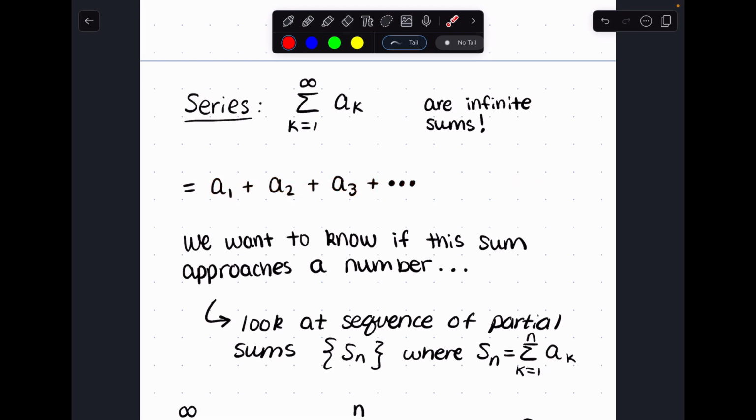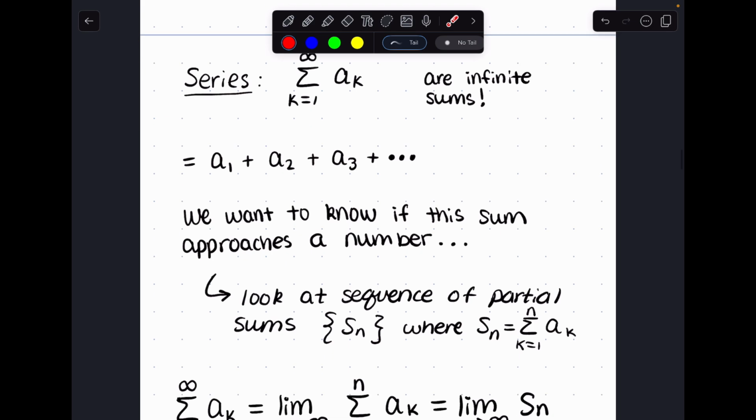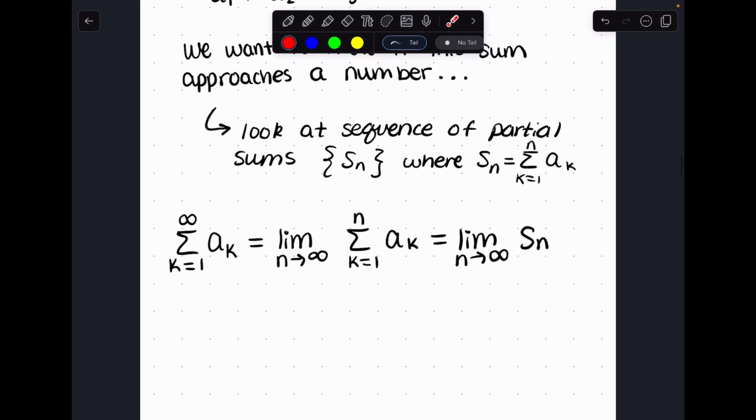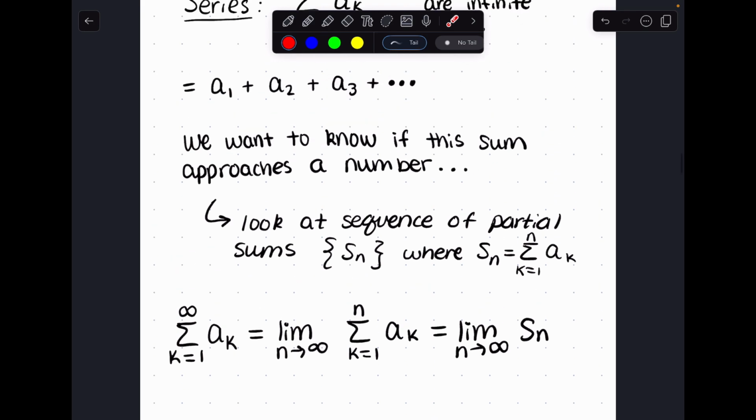And one problem that we have is trying to figure out, does this sum approach a number? Does this sum have a sum that is finite? And so what we do is we look at the sequence of partial sums. So essentially I'm going to add up the first term. I'll call that S1.